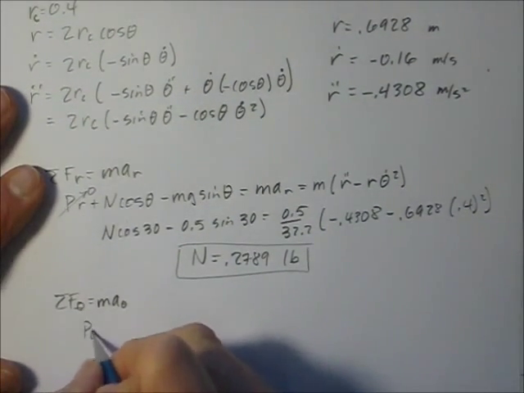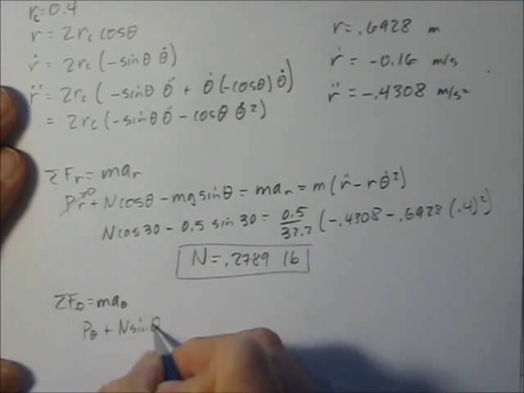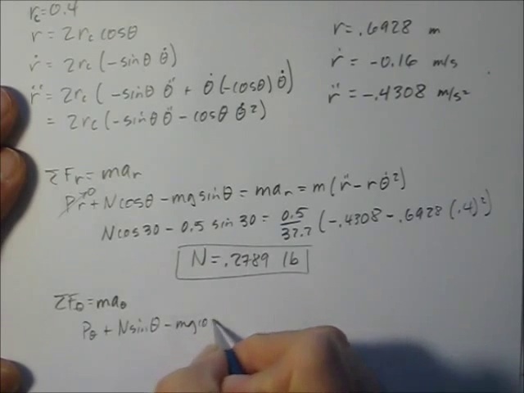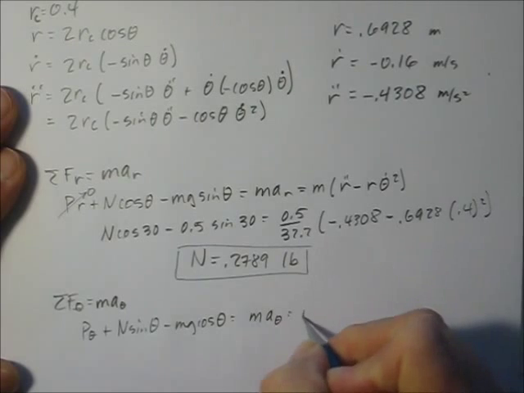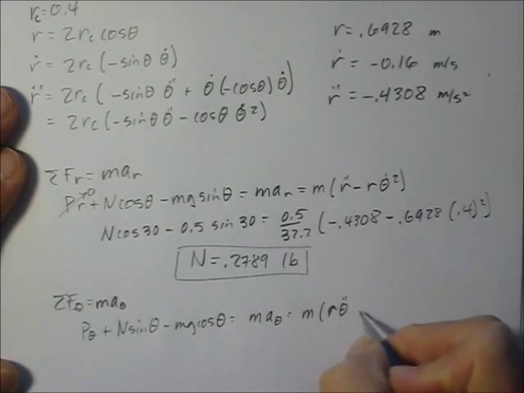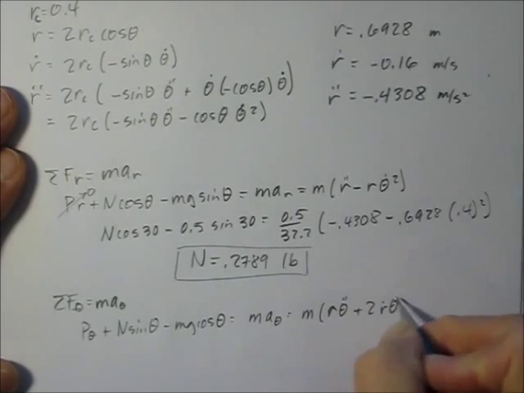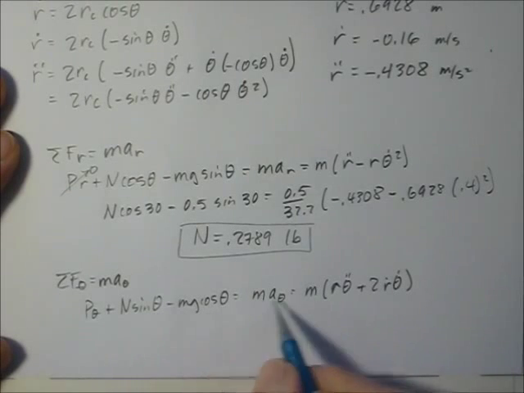I got P theta plus N sine theta minus mg cosine theta is equal to m a theta, which we recognize as m times r theta double dot plus 2 r dot theta dot. All right, I'll spare you the math here. You can solve every single one of these terms now.